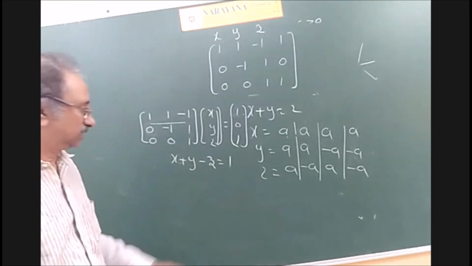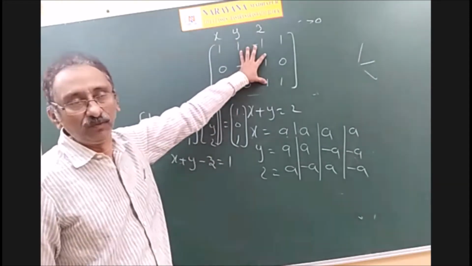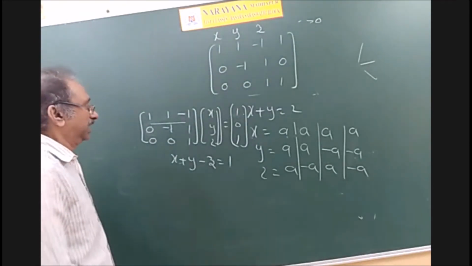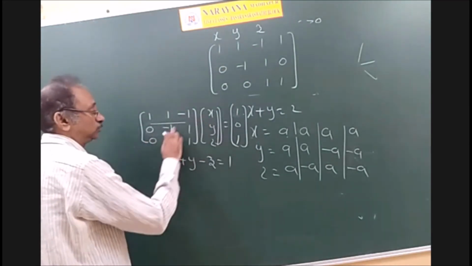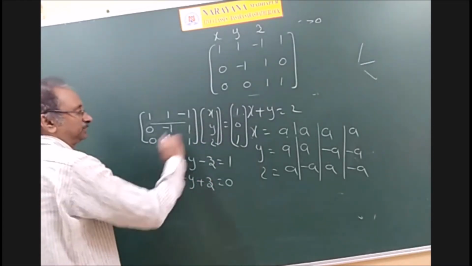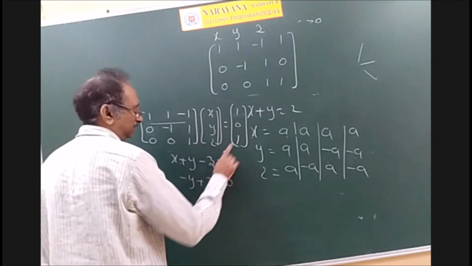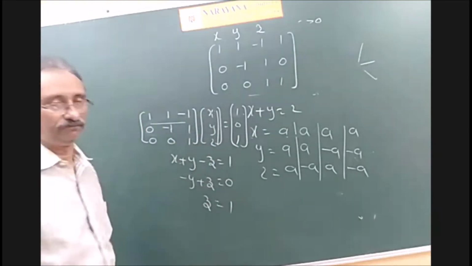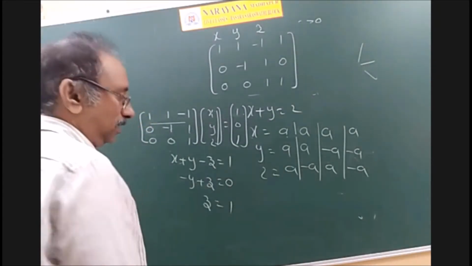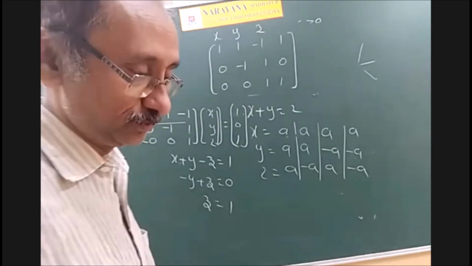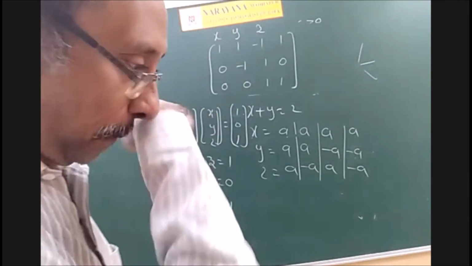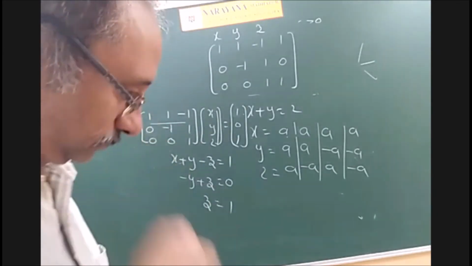These equations are written in skeleton form without writing X, Y, Z. This is called the augmented matrix. And again, 0 into X minus Y plus Z is equal to 0. 0x plus 0y plus 1z is equal to 1. Of course, in this problem, you get alpha, beta, gamma. Gamma is equal to 1 like that. Okay, Vishnu? Okay, sir. Thank you.